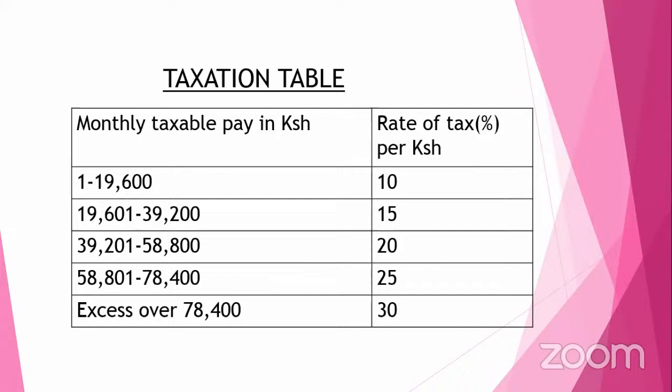For example, assume this is a period where the government is saying those earning between one shilling and 19,600 will be taxed at the rate of 10%. Those whose salaries go up to 39,200 will be taxed at two levels, the first level and the second level, all the way to the last one. So this table is provided by the government in the proper taxation.